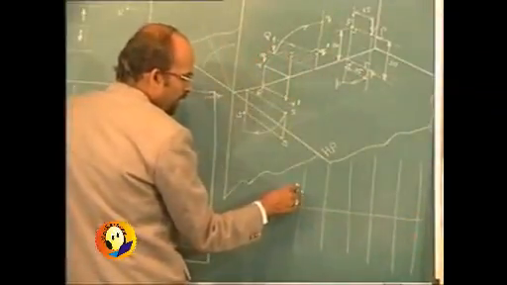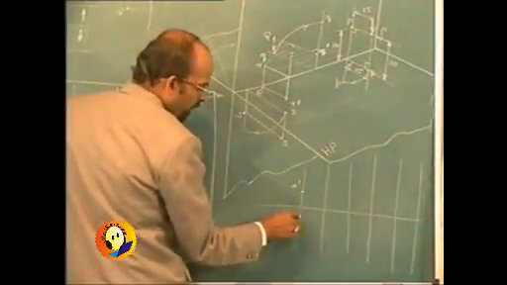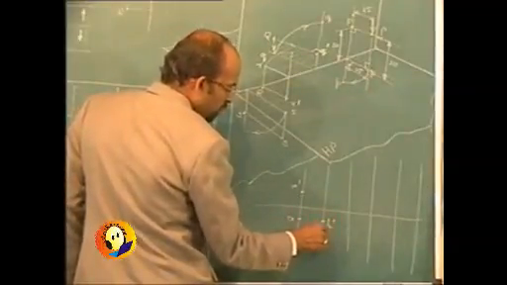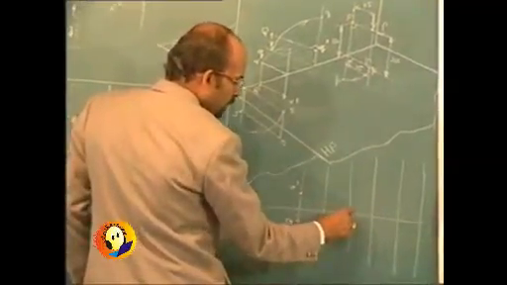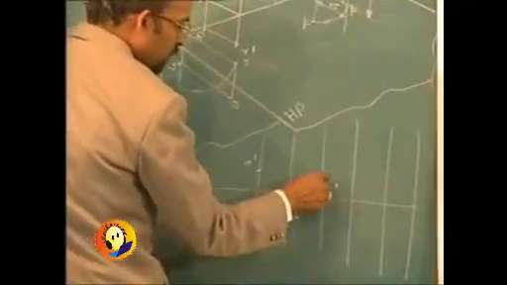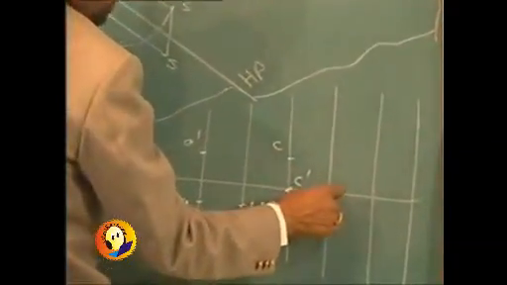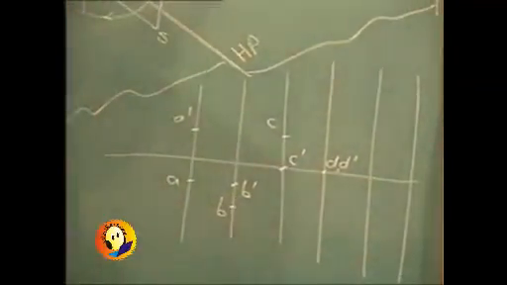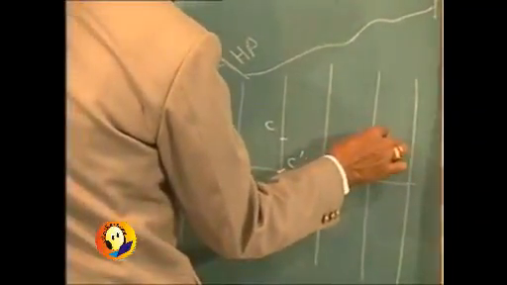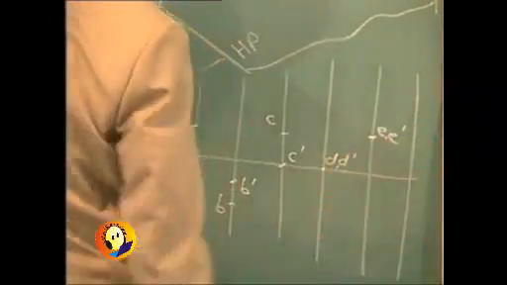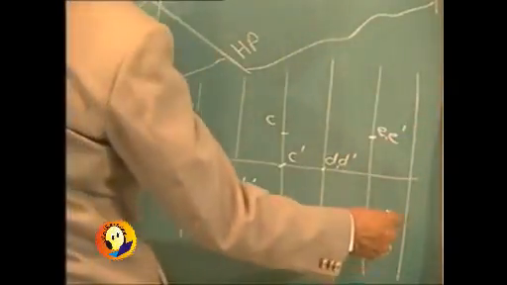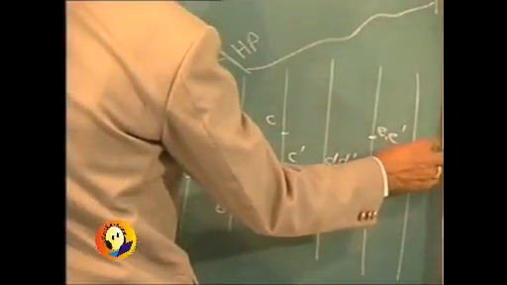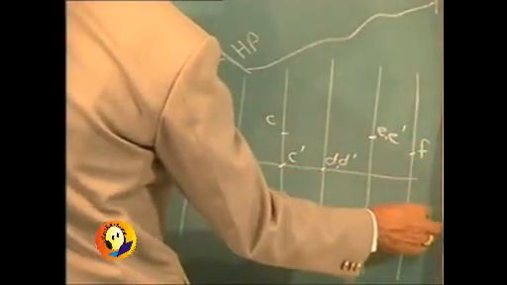Say I have point A dash, point A, then B dash, B, then C dash, C, then D as well as D dash, then E as well as E dash, and then F and F dash.